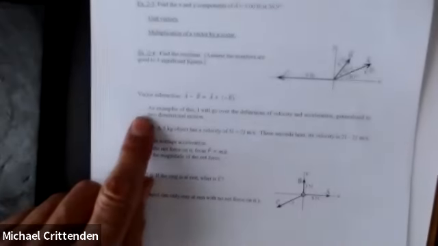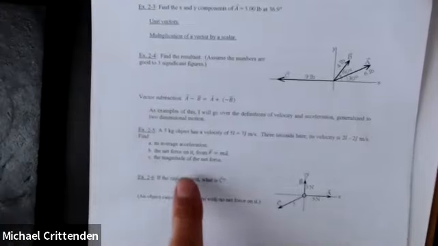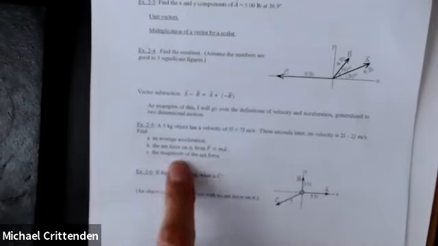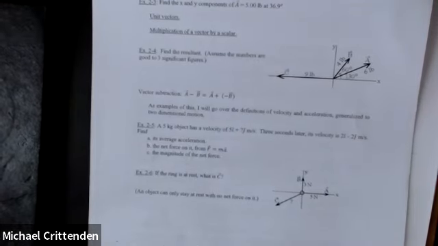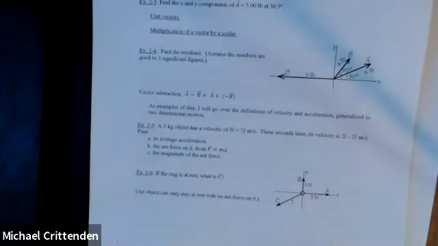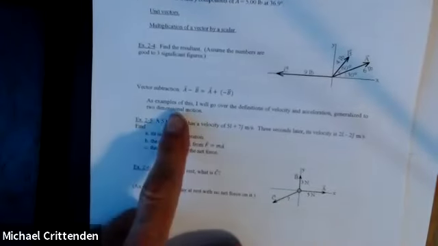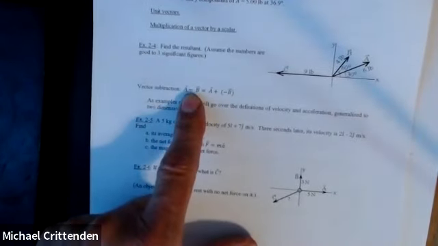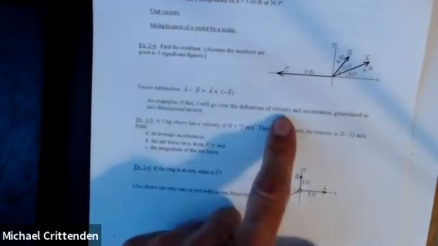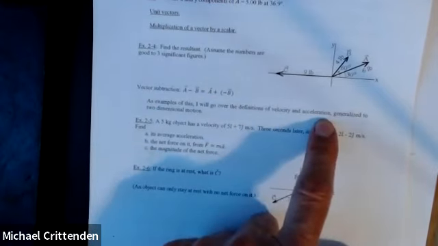And I already said the thing about how to do vector subtraction. So we've got an example coming up that'll illustrate subtraction. And I'll go through that with you right after I pause this briefly. Okay, an example of where subtraction of vectors comes up is in the definitions of velocity and acceleration.